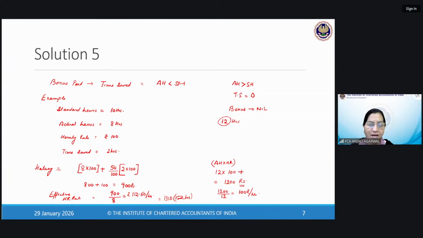You have to compare the effective hourly rate for each worker to see whether the bonus is helping him generate more wages. So if actual hours taken are more, then he doesn't get any bonus. He will only be paid the time rate, both under the Halsey and the Rowan plan. Only time rate, zero bonus, no bonus. Is it clear?